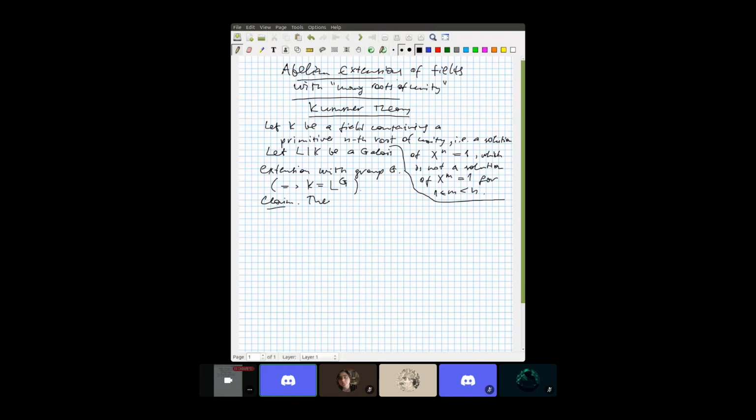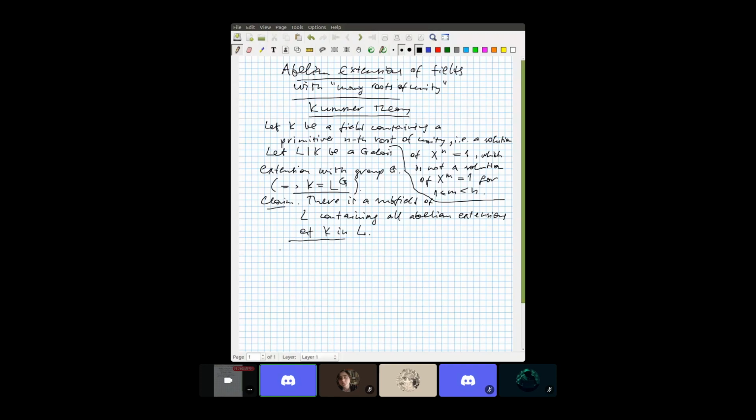So the claim is that there is a subfield of L containing all abelian extensions of K inside L. Essentially it is quite trivial, but I'm afraid that we haven't discussed this in detail.